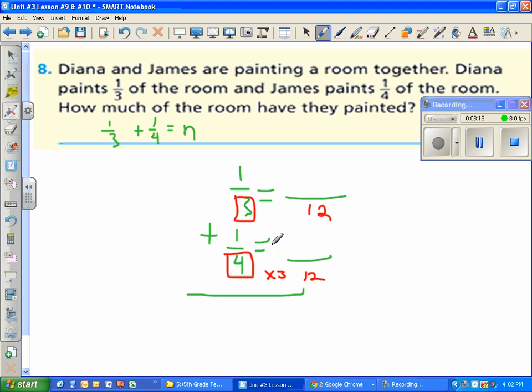What you do to your denominator, do to your numerator. 3 times 4, 4 times 1, and then you add 4 plus 3 equals 7 over 12, so your answer would be 7/12. n equals 7/12 of the room.